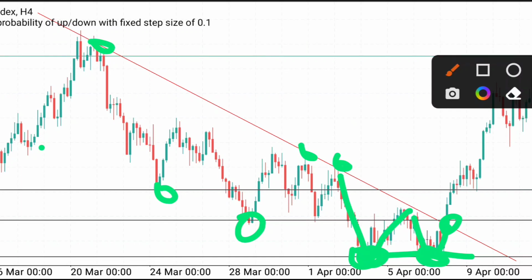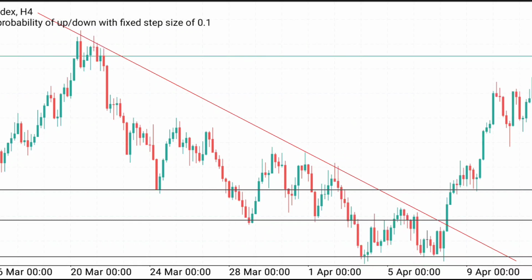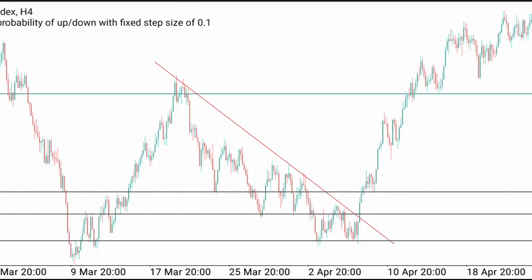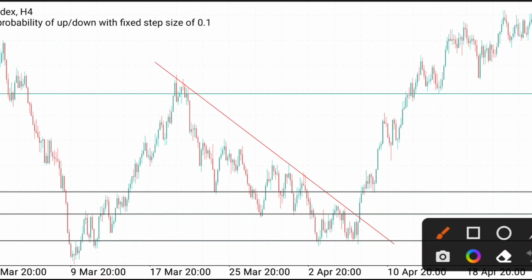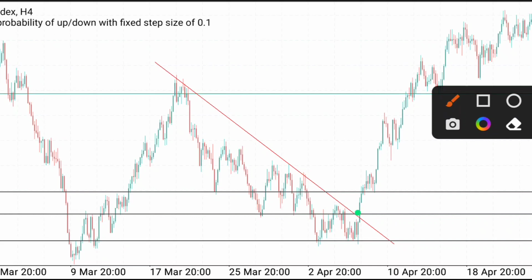Let's go down to, let me remove this. Let me zoom in. So now when this market broke out of here, what you need to do is look out for candlestick formation.